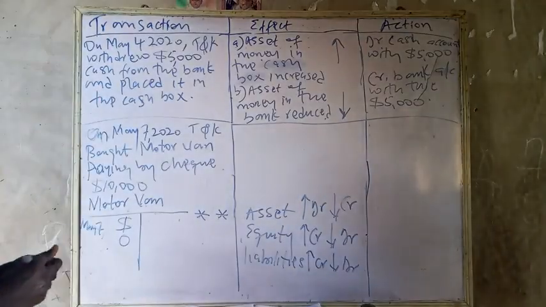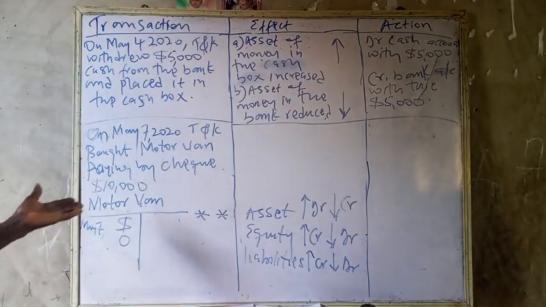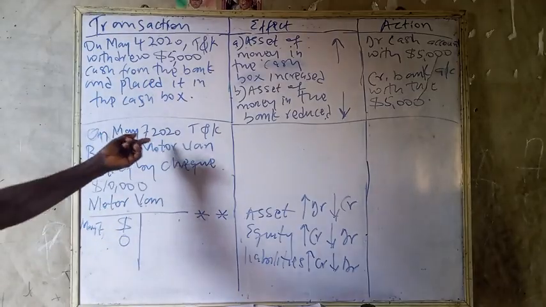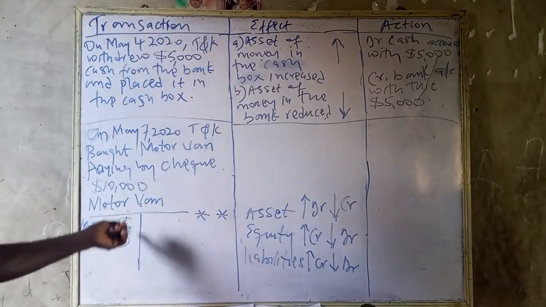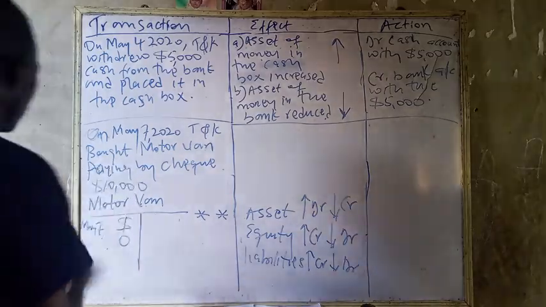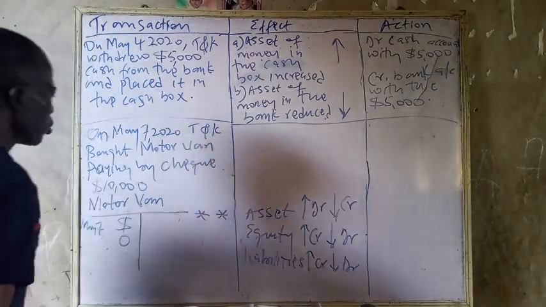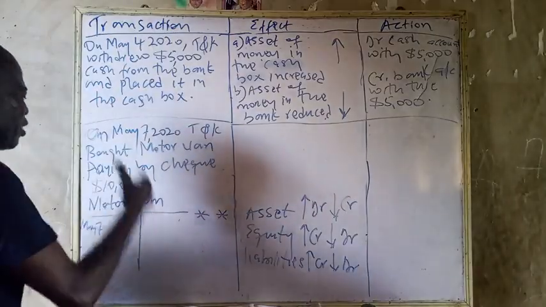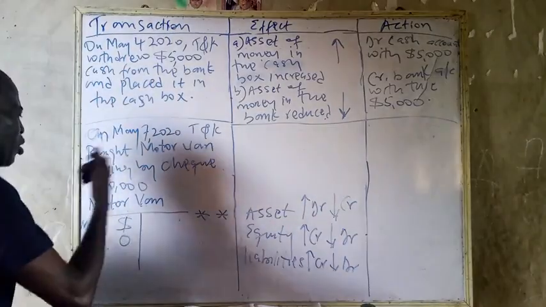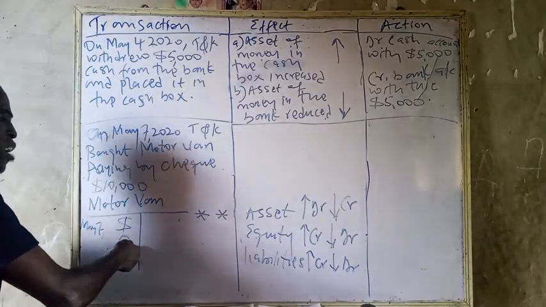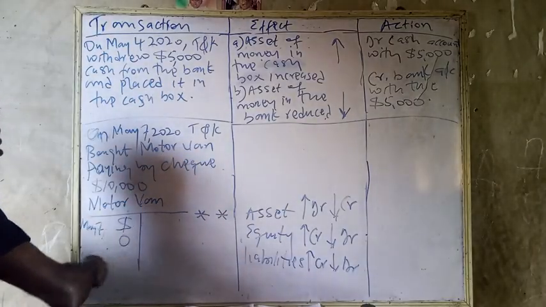T and K had not bought a motor van. But today, being May 7, when he had not bought the motor van, the motor van account was 0. But today, May 7, he bought a motor van worth 10,000. That means the account has increased from $0 to $10,000.